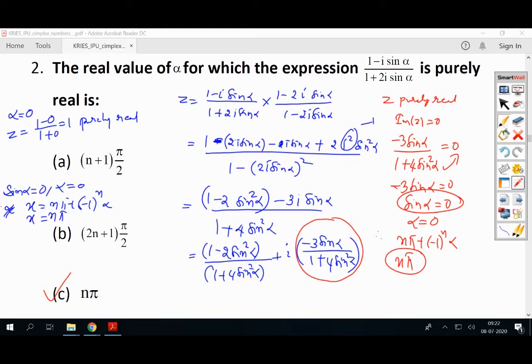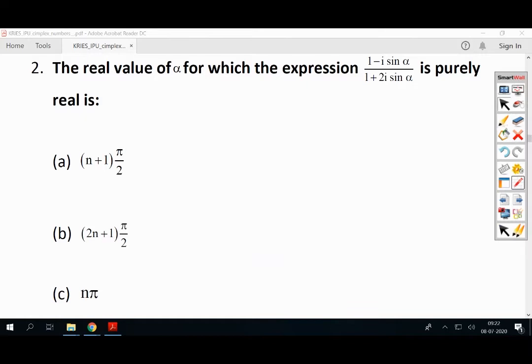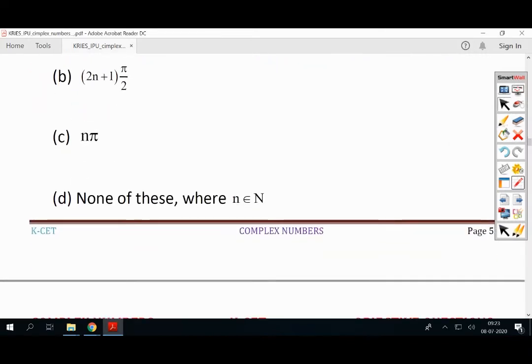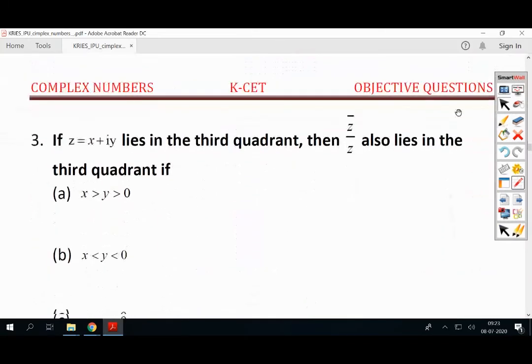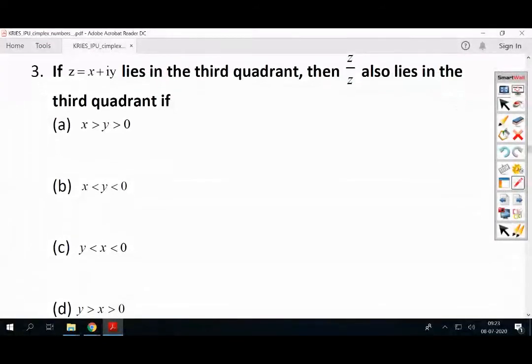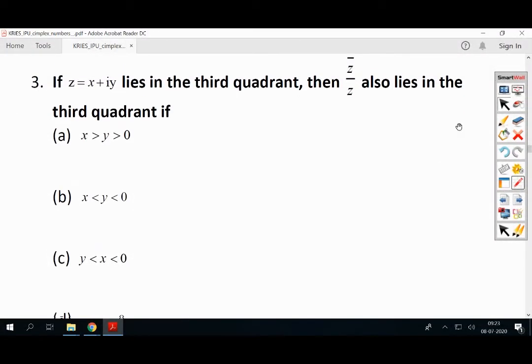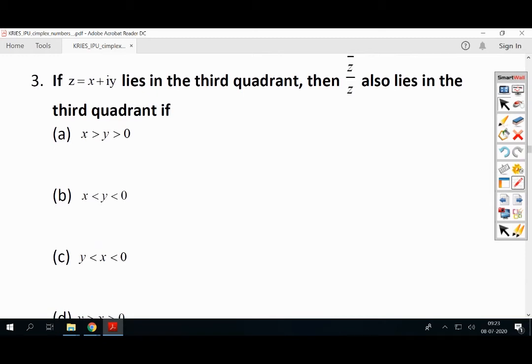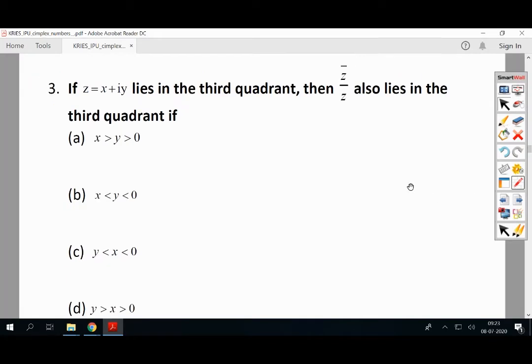Let us see what question number 3 is. z is equal to x plus iy is any complex number. So z is equal to x plus iy lies in the third quadrant, and z bar by z also lies in the third quadrant, they have given. Then what should be the possible values of x and y?